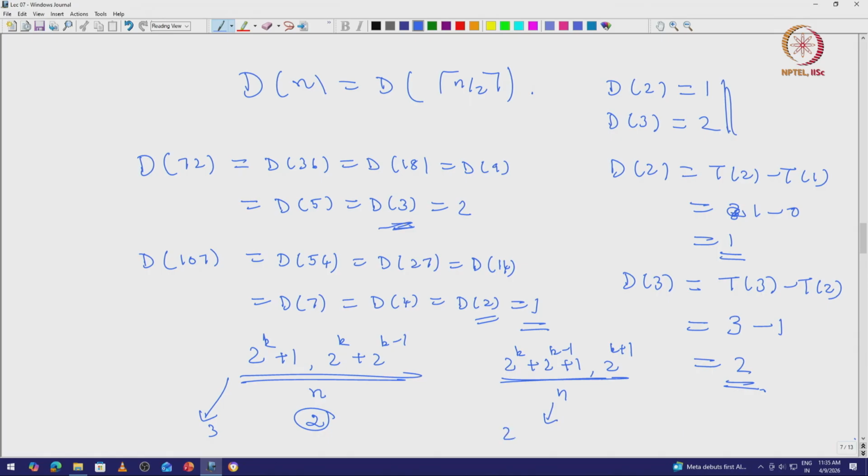That is the reason why it is 1, right. This n becomes smaller and smaller, like 107 has become smaller and smaller and came to D of 2. So these numbers will become D of 2, and that will be 1. These numbers will become smaller and smaller and become D of 3, and that is equal to 2. That is the reason why the first half is 2, the block value.